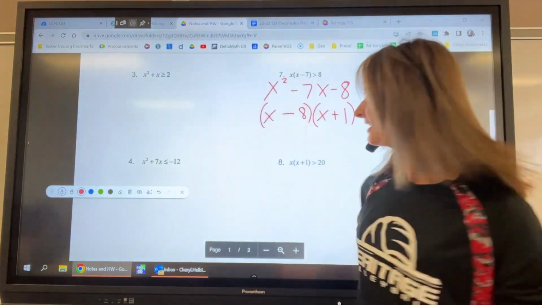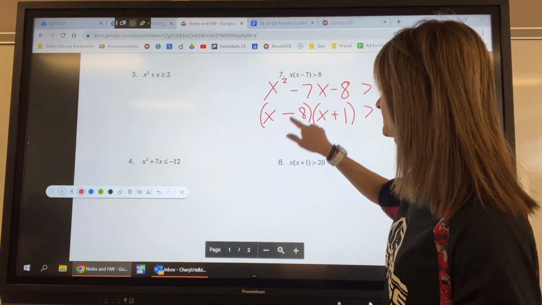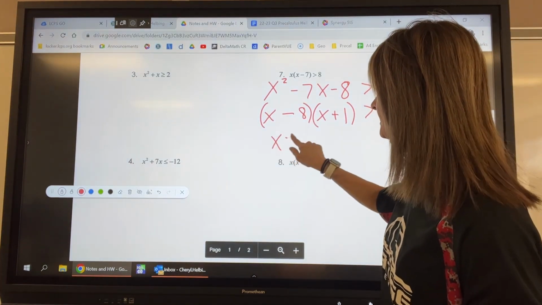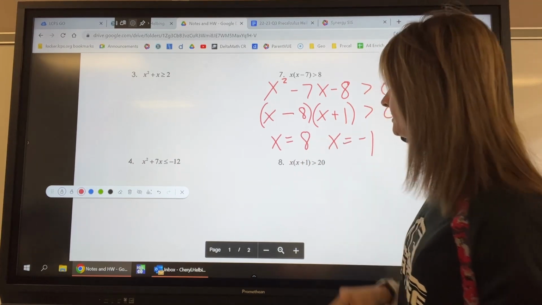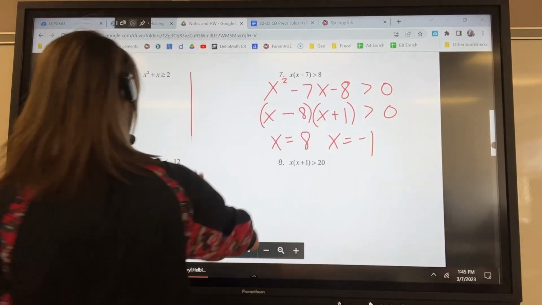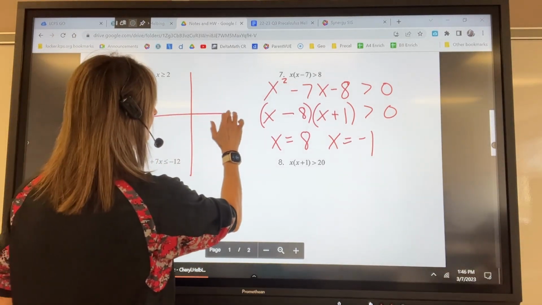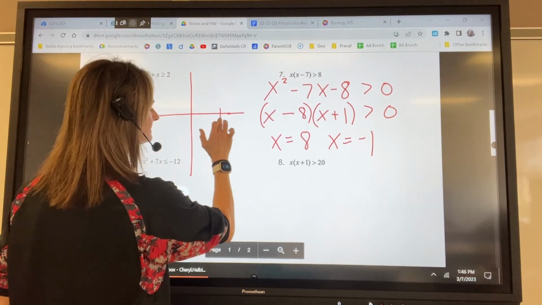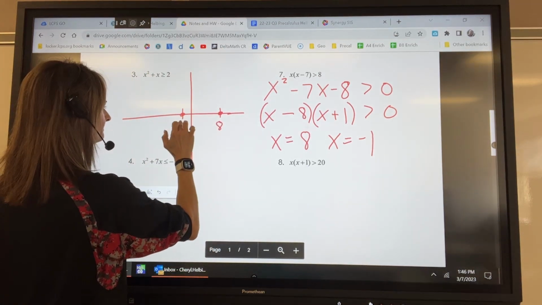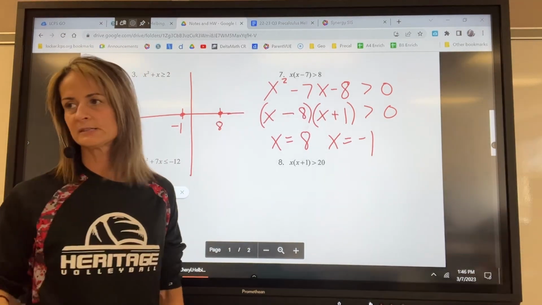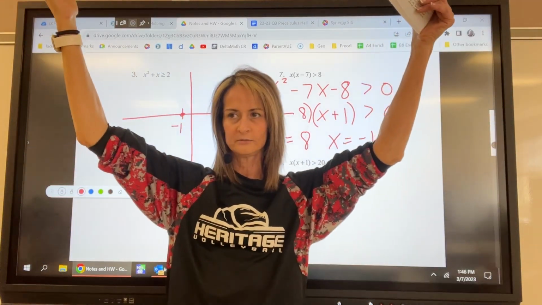Booyah. Okay, so clearly the zeros are going to be at x equals 8 and x equals negative 1. If we were graphing, we would have zeros at 8 and negative 1. The leading coefficient of this quadratic is positive, which means the graph opens up.